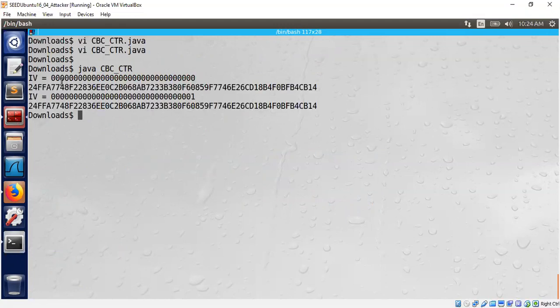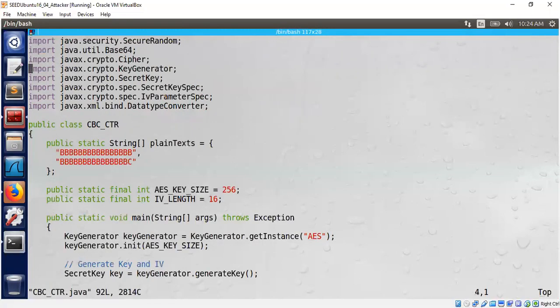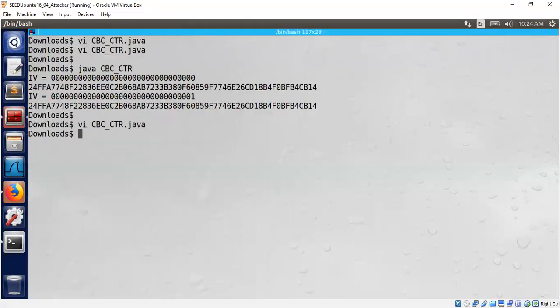Okay, the IVs are different, of course. Just the least significant bit is different, but the ciphertexts are the same. We can also look at the code and see that the pattern is reflected here. You see here B has been replaced by C. The reason why this worked is simple.